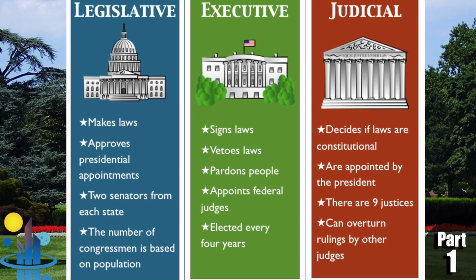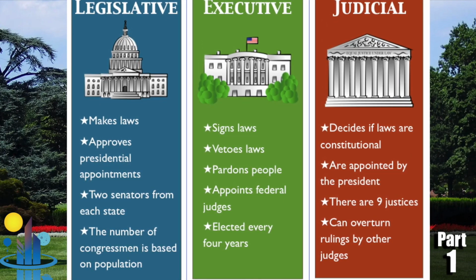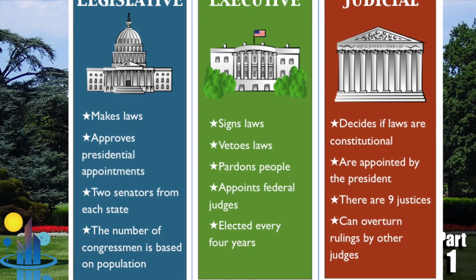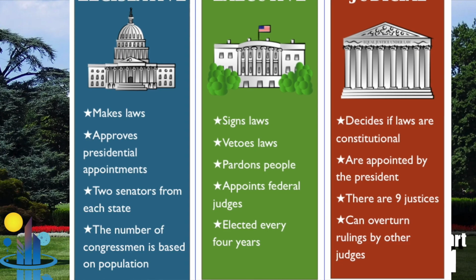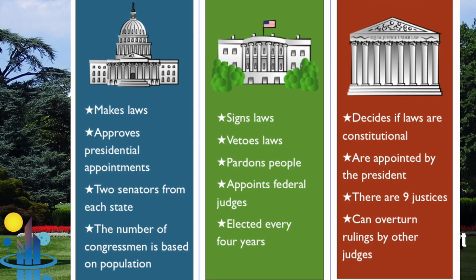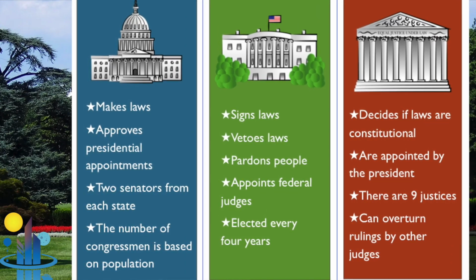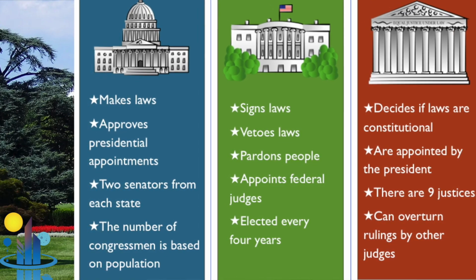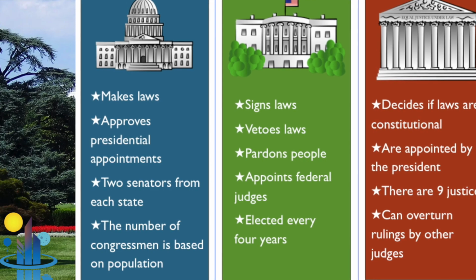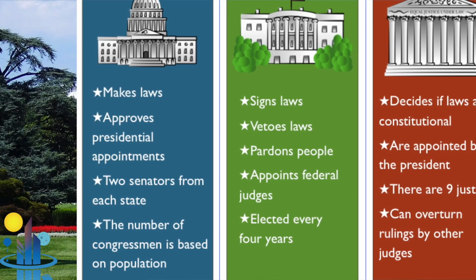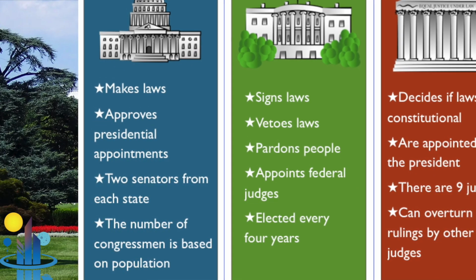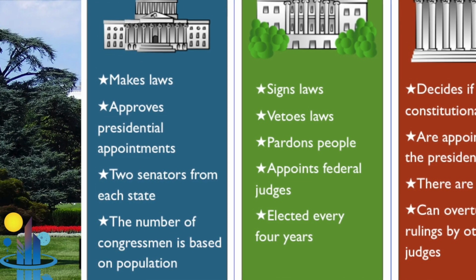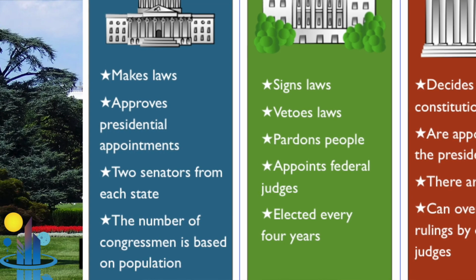Good evening, everyone. This is Chris, and I'm going to present the legislative branch and the judicial branch. First, the federal government was established in 1789, and the legislative branch is Article 1 of the Constitution, which consists of the House of Representatives and the Senate.